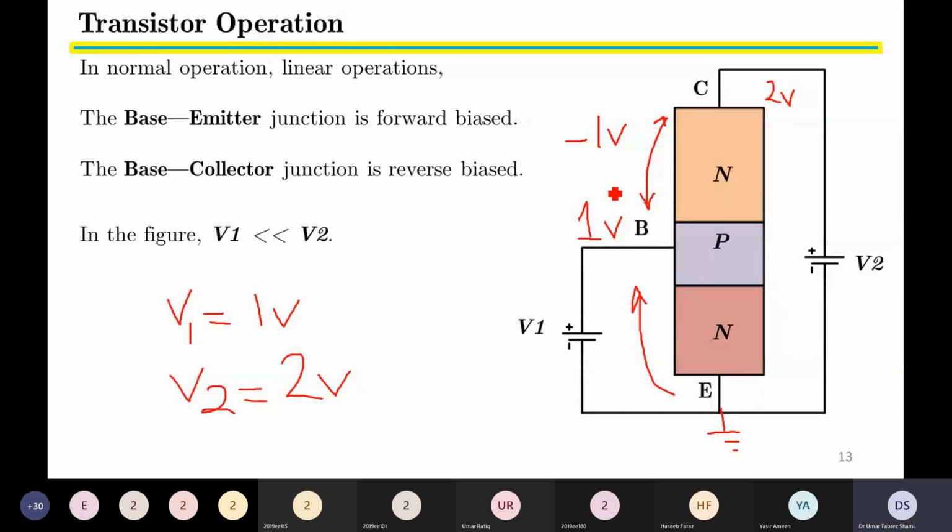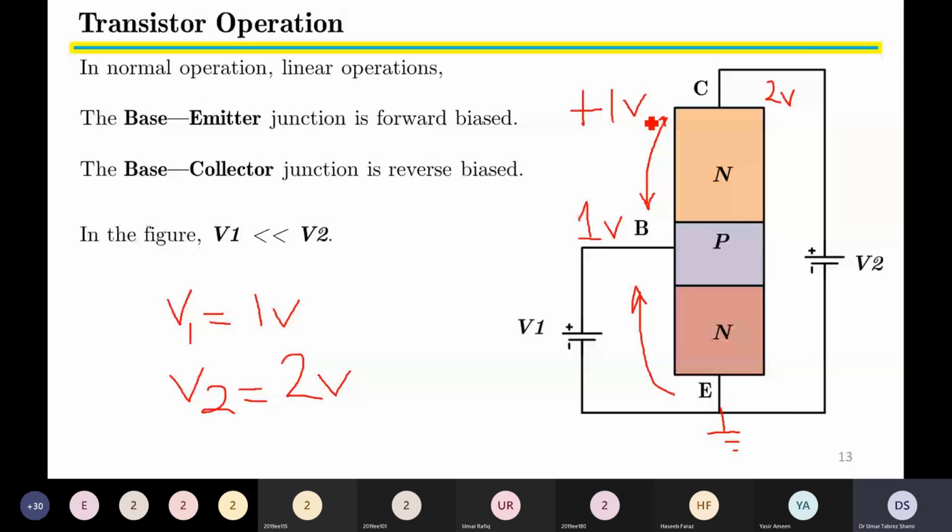If we look from the collector side, then the voltage difference between collector and base is positive 1 volt, where collector is at 2 volts and base is at 1 volt. So the collector is at a higher voltage.